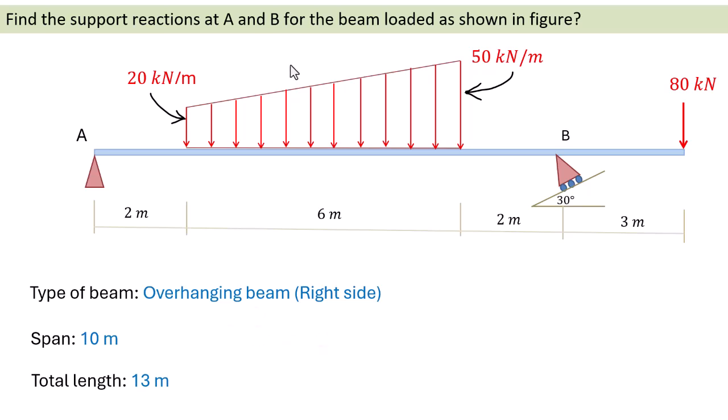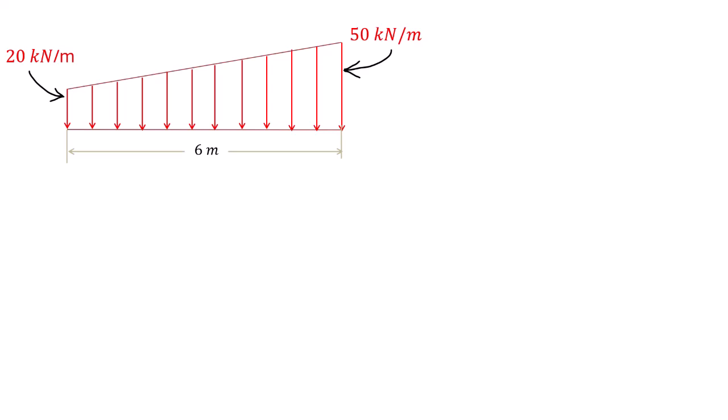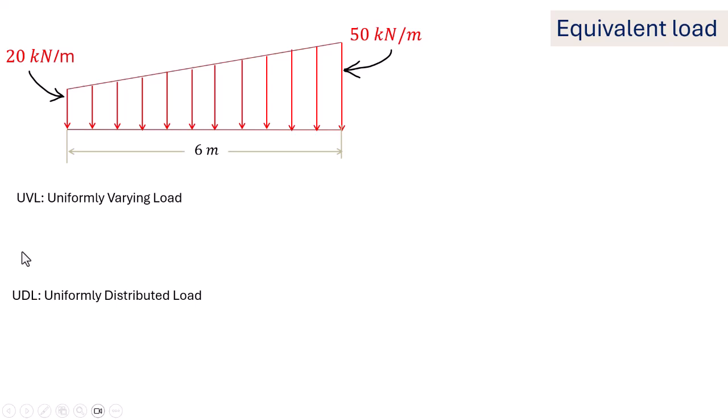First, draw the free body diagram of the beam. But before that, we need to find the equivalent point load and its location. The beam is subjected to a trapezoidal load that goes from 20 kilonewton per meter to 50 kilonewton per meter over a span of 6 meter. The trapezoidal load is split into UVL and UDL.